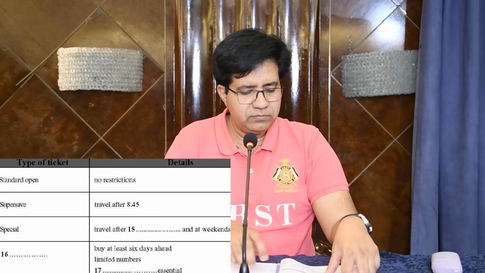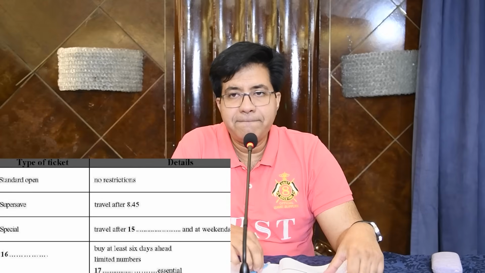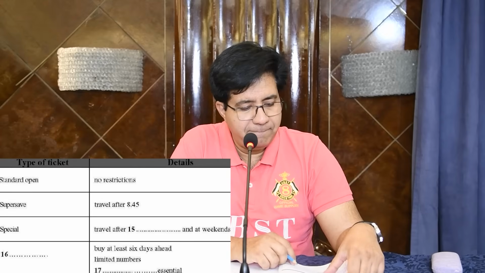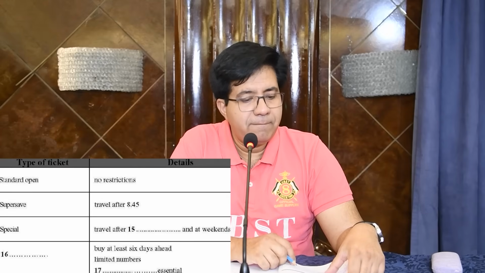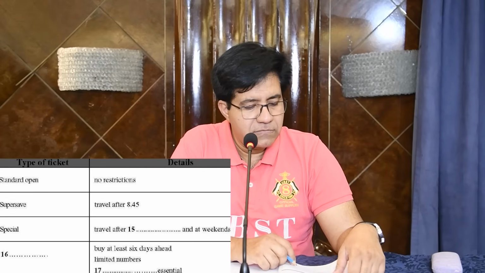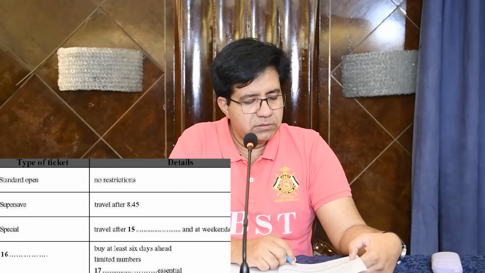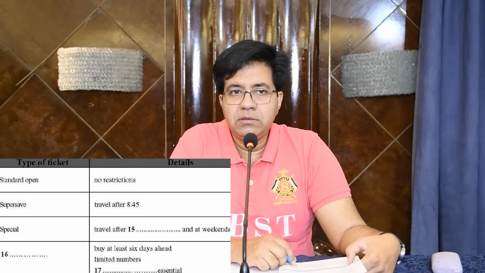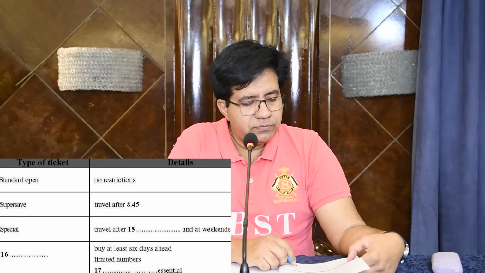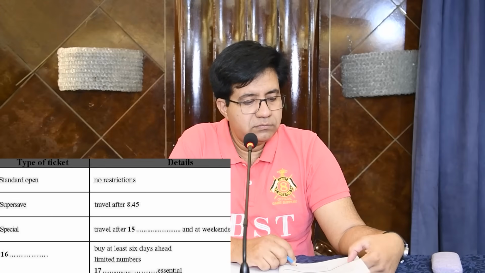And have you got any information on different ticket types? Yes, there's a range of ticket prices depending on when you travel and when you buy your ticket. There's a standard open ticket, which doesn't have any restrictions. This can be bought in advance or on the day.